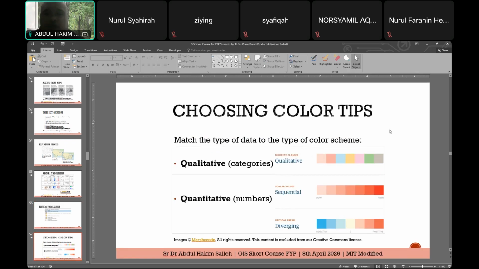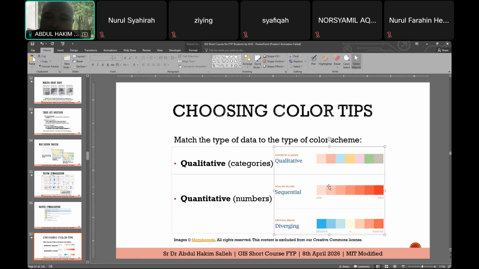The color schemes can be qualitative, by categories, where the colors are discrete from one another and do not have some sort of pattern, whereas quantitative is in the form of numbers.